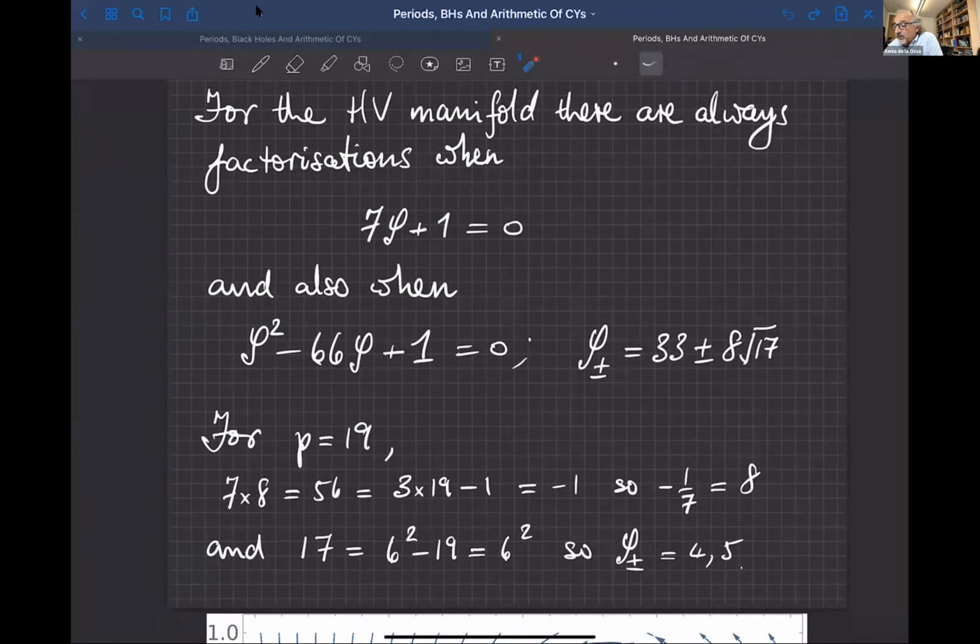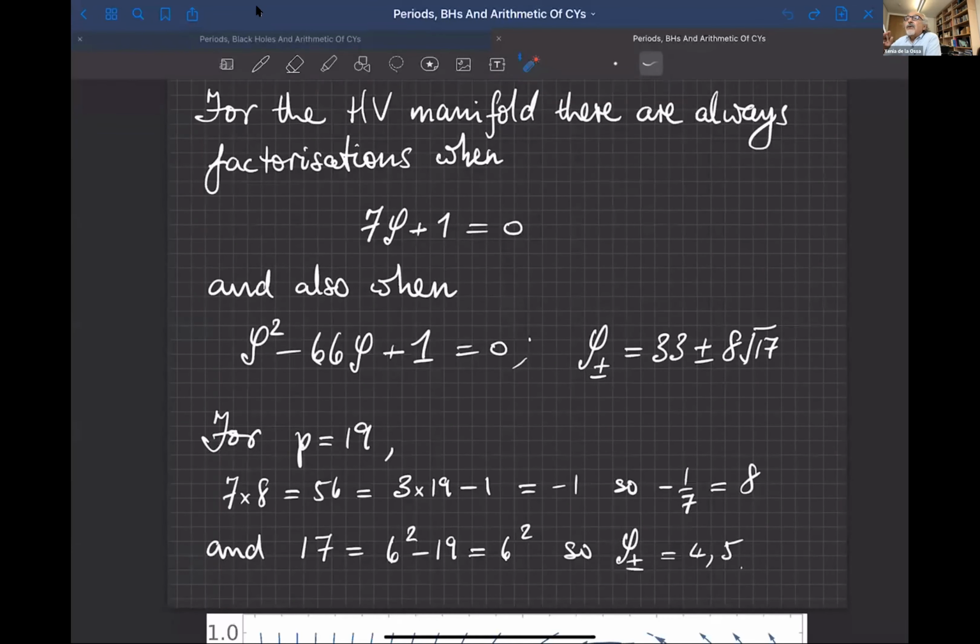It's the root of this polynomial 7 phi plus 1. And moreover, 17 is a square modulo 19. So 17 is the same thing as 36 modulo 19, and 36 is 6 squared. So in this formula here, modulo 19, you can replace this by 33 plus or minus 8 times 6, and then evaluate mod 19, you get 5 or 4.